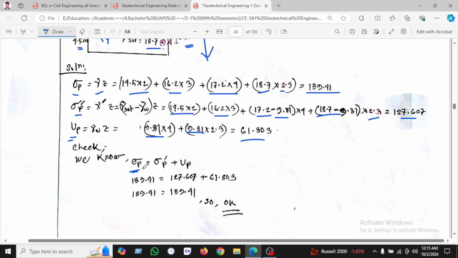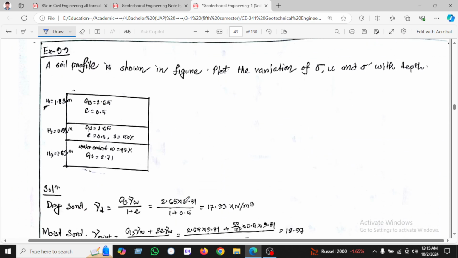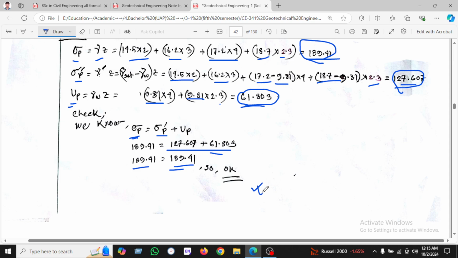We have found total stress is 189.41, effective stress is 127.607, and pore water pressure is 61.803, and adding the two values gives 189.41. So the left side value and right side value are equal. So we can say these are okay.